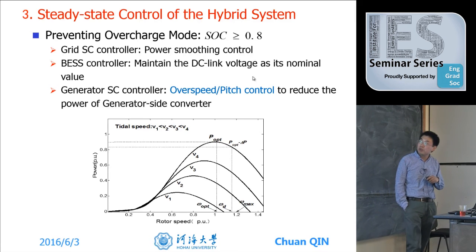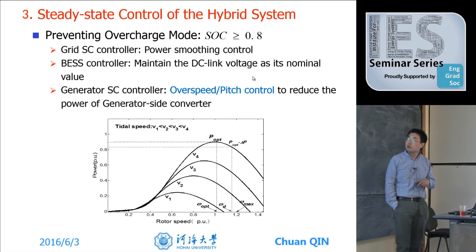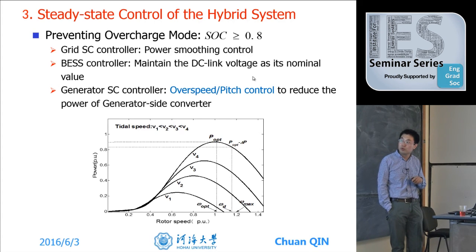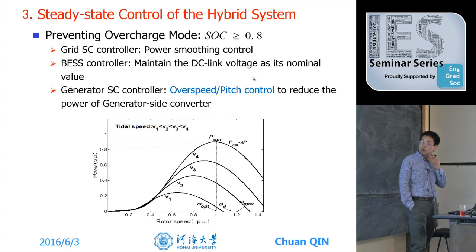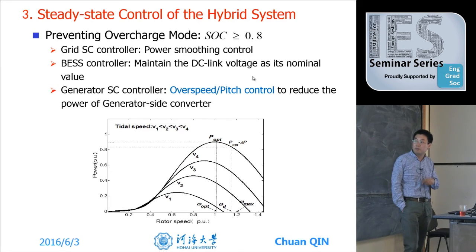So the overspeed and the pitch control are used to reduce the generator side converter power. This is the characteristic curve of the rotor speed and the power.